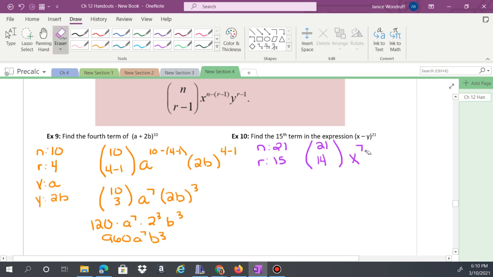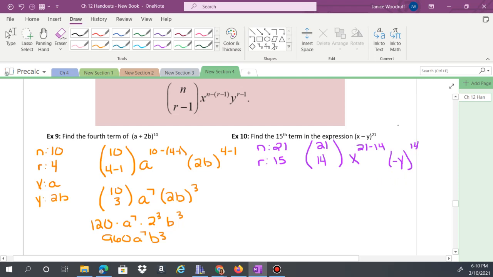I'll just write it out for you guys. And then your y, do negative y, so you know if it's going to be positive or negative here. And that's going to be to the r minus 1, so 14. So it's even there, so that should be a positive term.